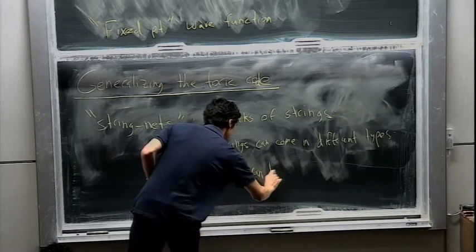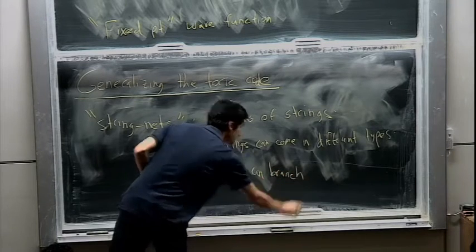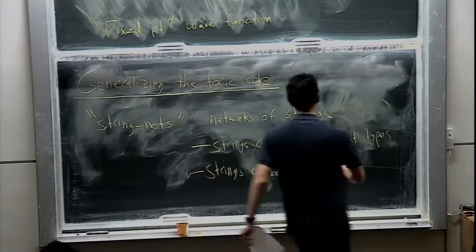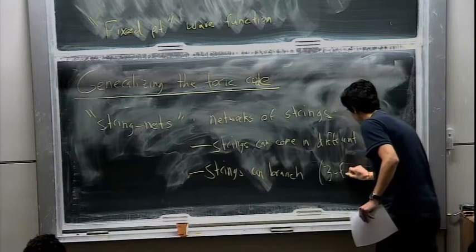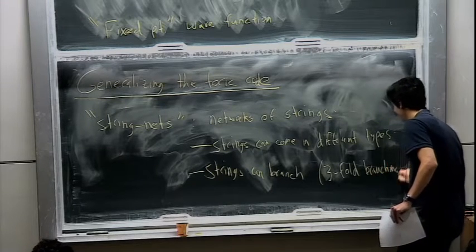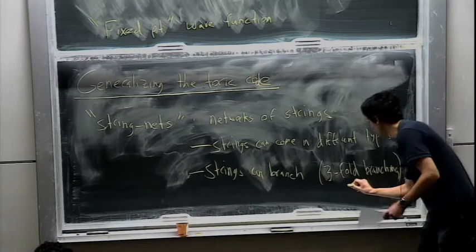For simplicity, I'm only going to allow 3-fold branching. It turns out that's enough to get every phase. And that's also why we're using the honeycomb lattice, but we'll come back to that. So 3-fold branching only.